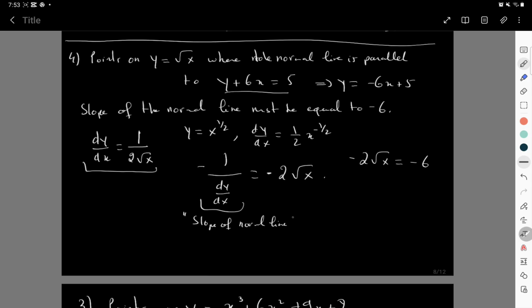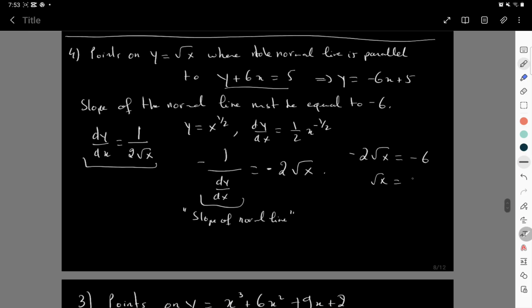In general, right? So here I have root x is equal to 3, and x is equal to 9. And if x is equal to 9, then y is equal to 3, right?